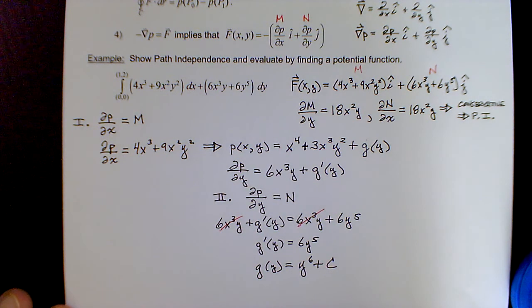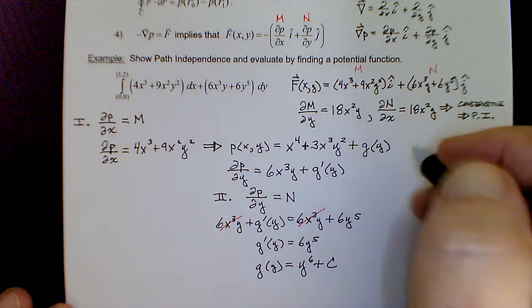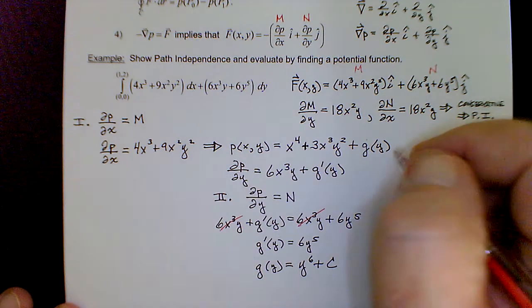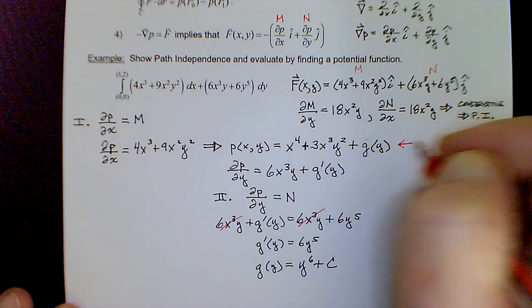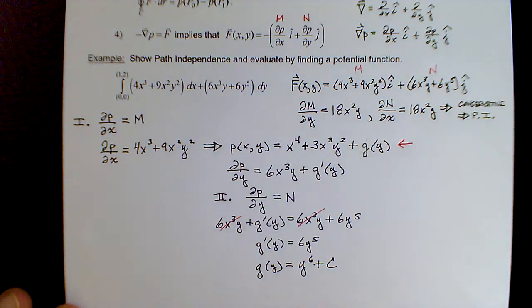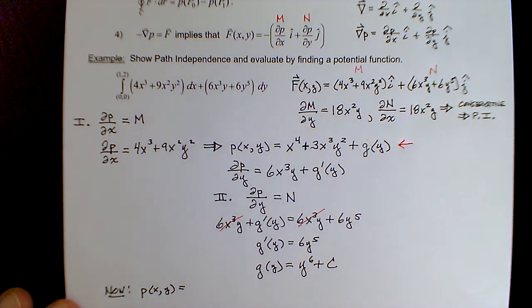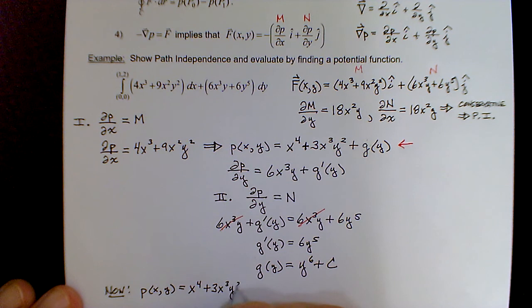And so therefore, we go back up here to what we found earlier for P of xy. And so now we could say that our potential function P of xy is x to the 4th plus 3x cubed y squared plus y to the 6th plus c.